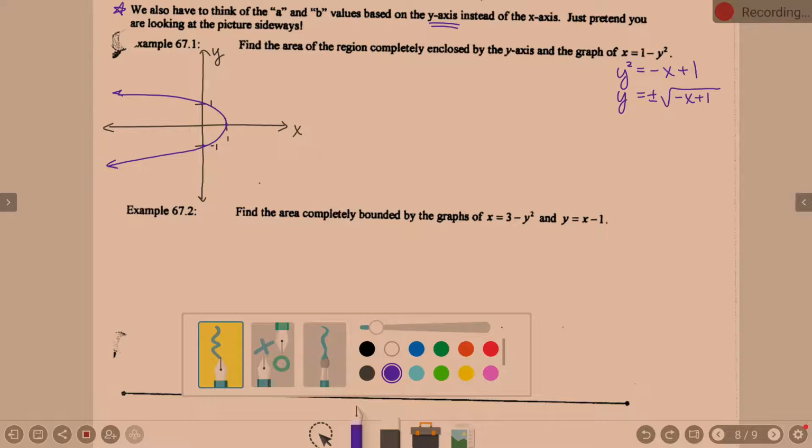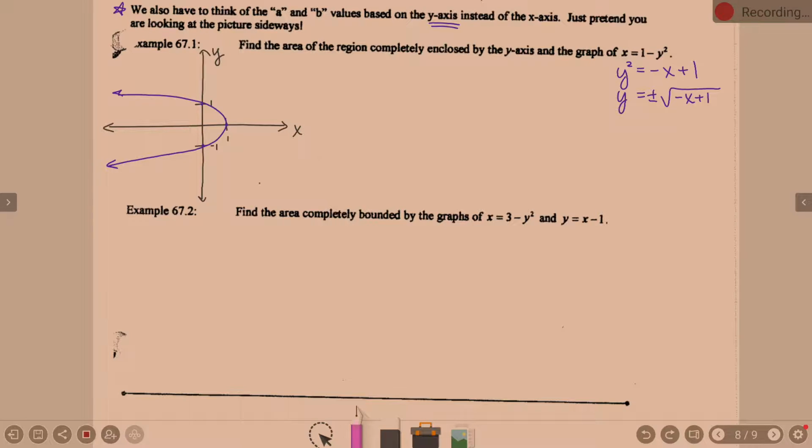What area am I finding here? The area of the little hill that's on the right side of the y-axis, right? Yeah, the area on the right side, because it's enclosed by the y-axis in that graph. So the y-axis in that graph is right there.